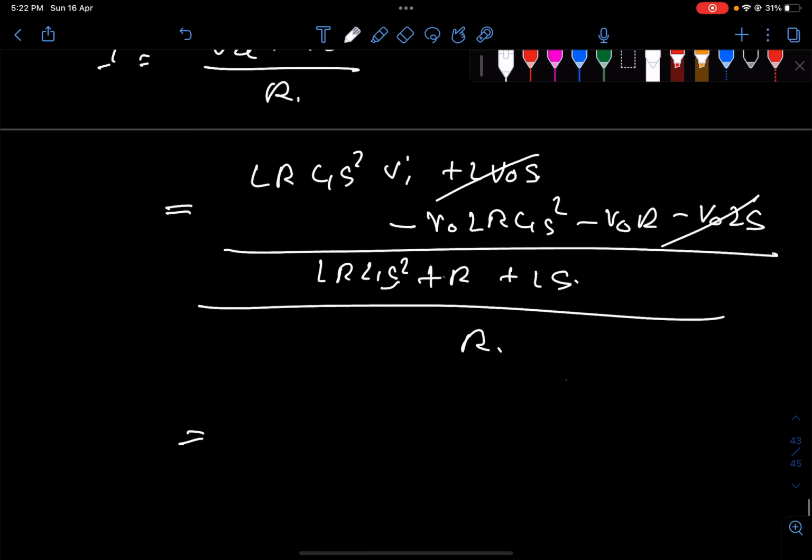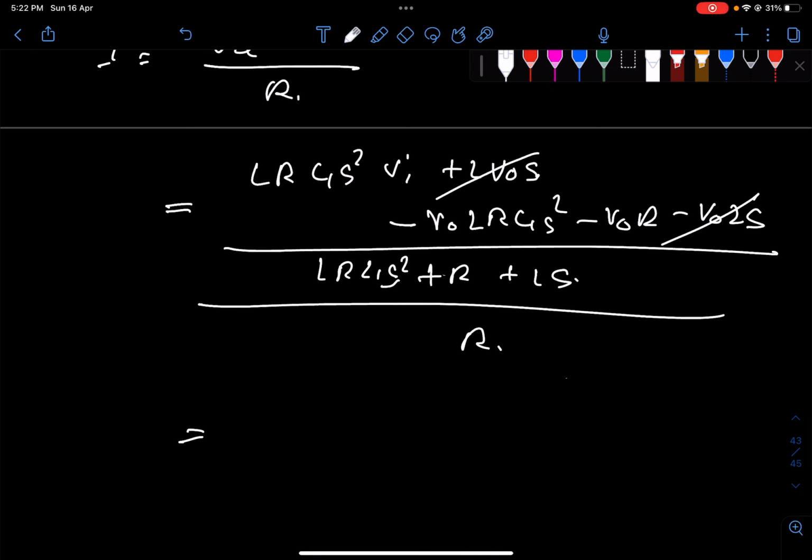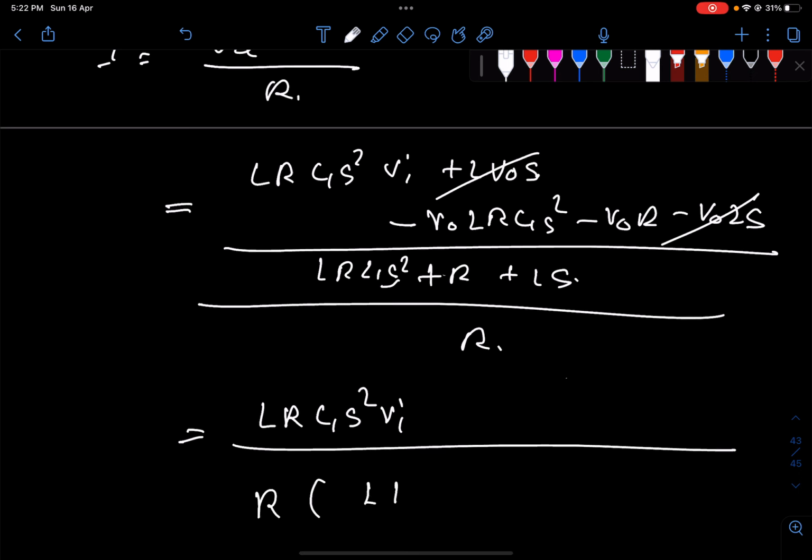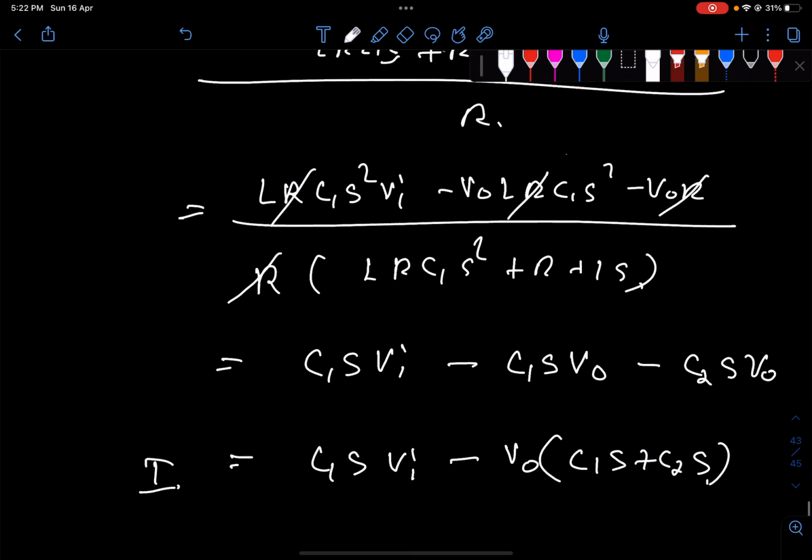Then the equation looks like what? LR C1 S square VI, or is the LR C1 S square plus R plus LS, minus V0 LR C1 S square minus V0 R. We removed R from everywhere.